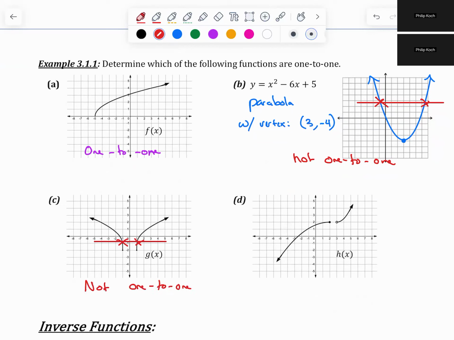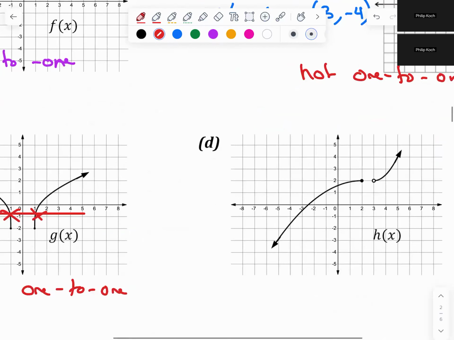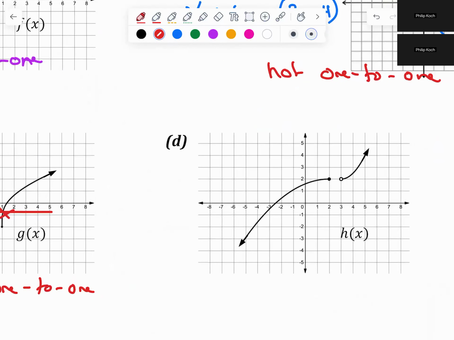And then part D is deliberately an example to show once again that the open circles matter. Open circles mean that the function doesn't exist there. It's a placeholder. It's meant to show you where the function starts back up again, but it's not actually there. Everywhere else besides the line y equals 2, we're going to have no issues.